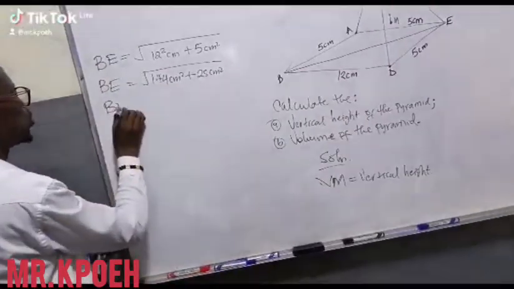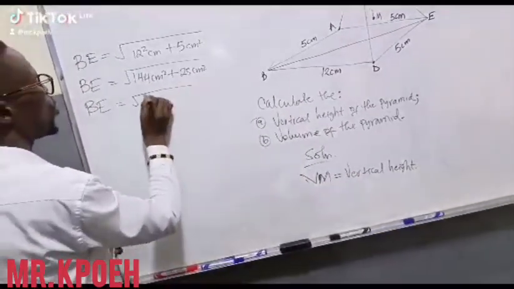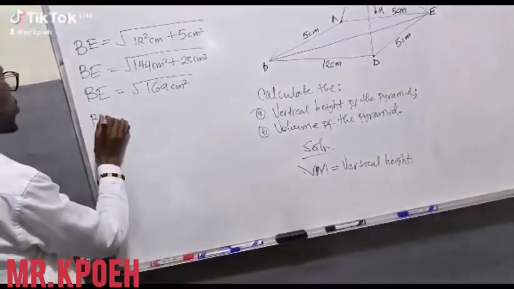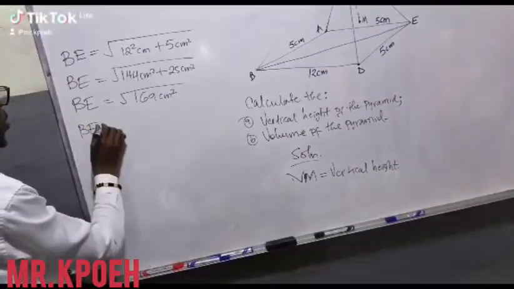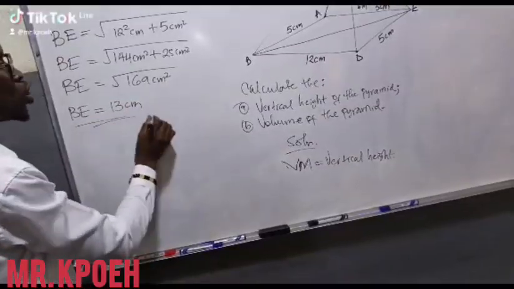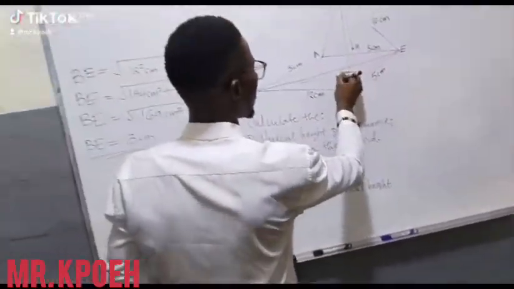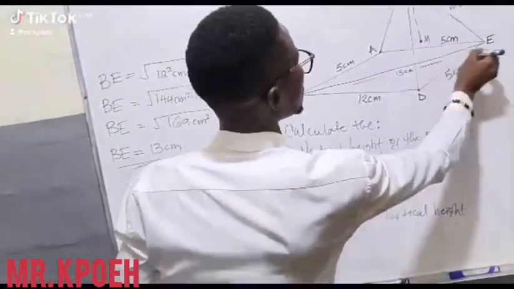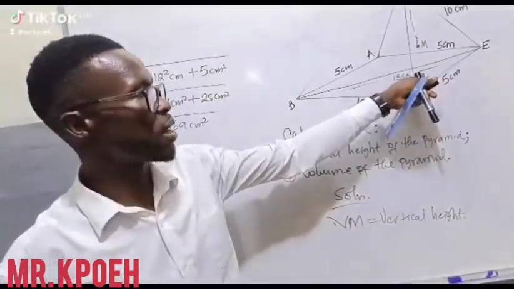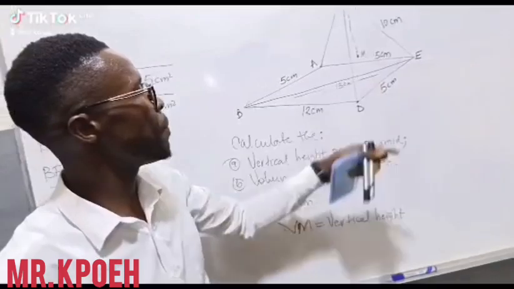Of course, when we do this, we'll have 169 cm squared. Take the square root of it. The square root of 169 is just 13 cm. So this entire line from here is 13 cm. But that is not our target point, but it helps us to get closer to our target point.